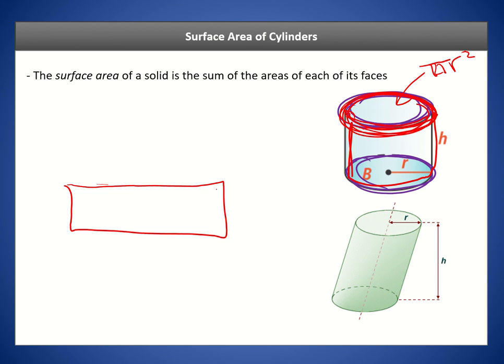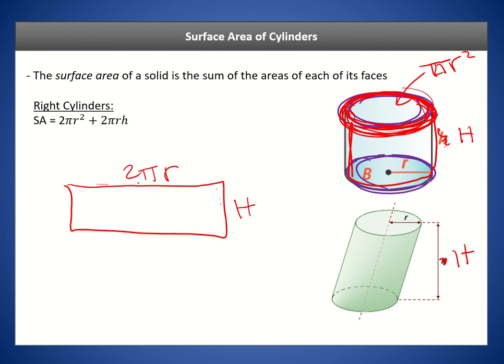So that means you have to wrap around the circumference, and the circumference of a circle is 2 pi times the radius. So the length of this label has to be at minimum the circumference of the circle in order to surround it. And then the height has to be the height of the cylinder, which I'll call capital H here. So the area of this rectangle is 2 pi r times h.